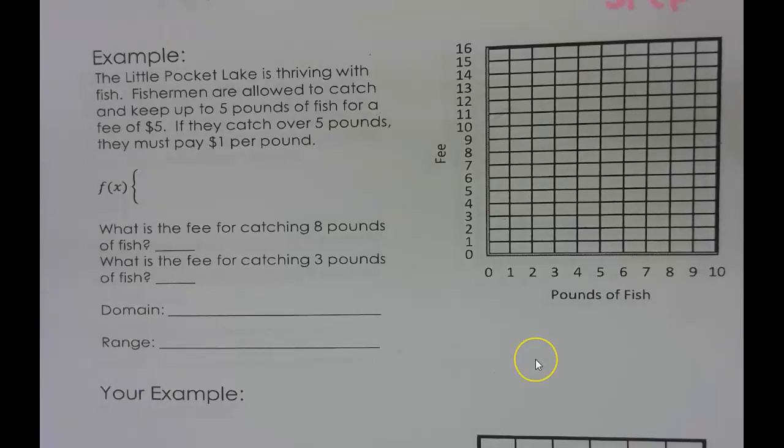So it says they're allowed to catch and keep fish up to 5 pounds for a fee of $5. If they catch over 5 pounds, then they must pay $1 per pound. So that means that if you catch any amount of fish from 0 to 5 pounds, your fee is $5.